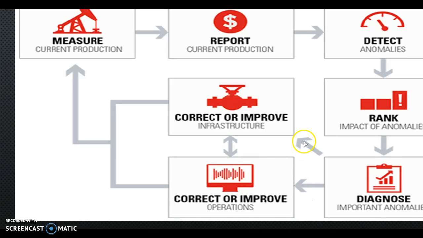There's two different ways you can go about it. You can correct or improve the infrastructure. Maybe it's a certain area that you're utilizing to store or stage your merchandise or product. Maybe you can look to map it out differently, or you can look to upgrade.